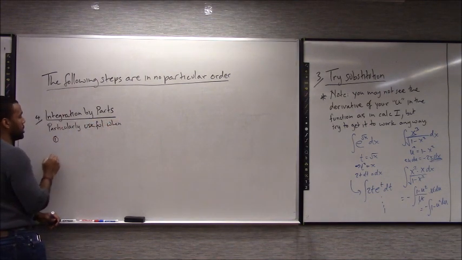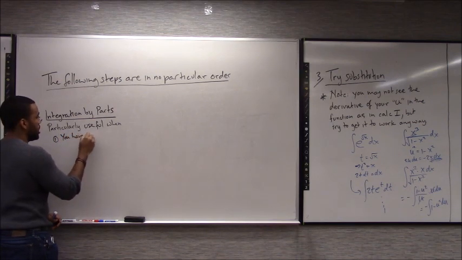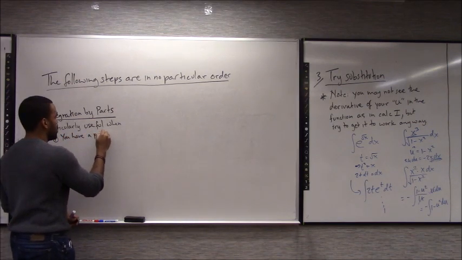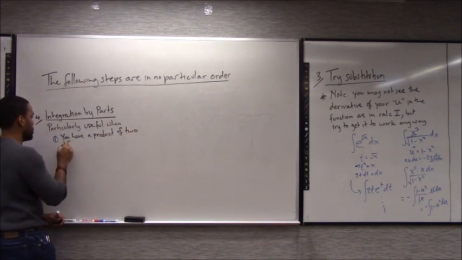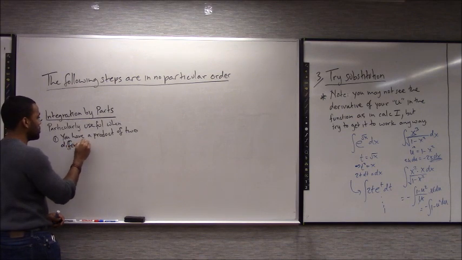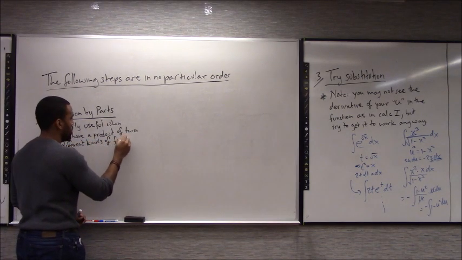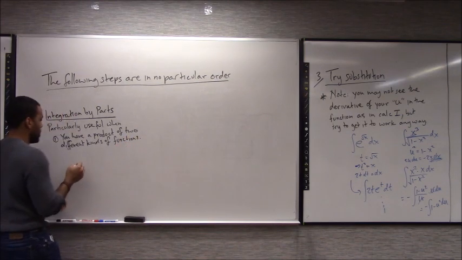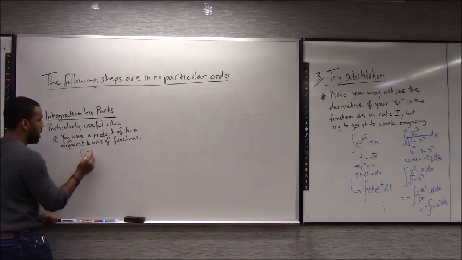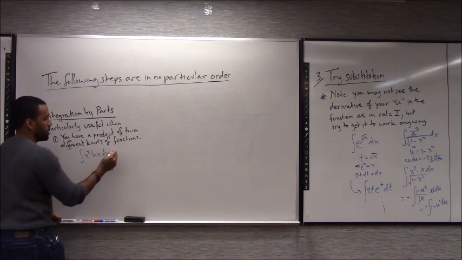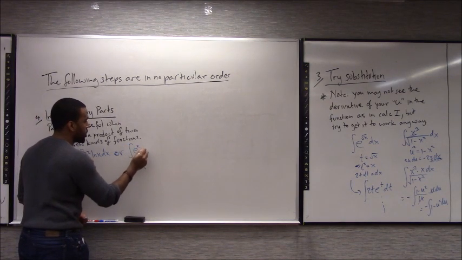One situation is you have a product of two different kinds of functions. Right? Like, you have a polynomial times a logarithm, right? Or you have like an exponential times a trig function, right?